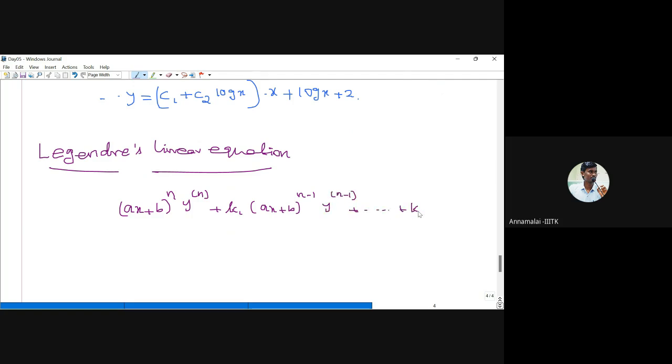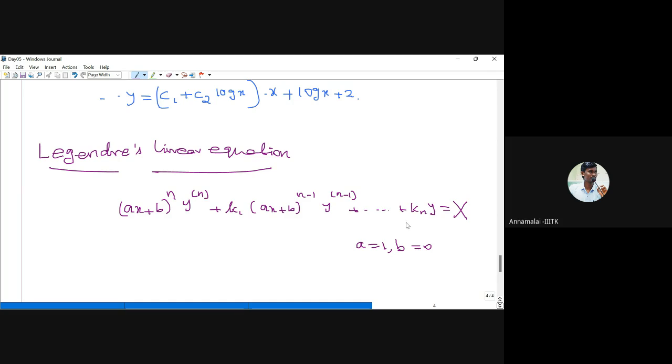Finally, we get some constant kn times y equal to some r of x, capital X, a function of x. So this equation is called a Legendre equation. If you take a equal to 1, b equal to 0, this equation reduces to the Euler-Cauchy equation.